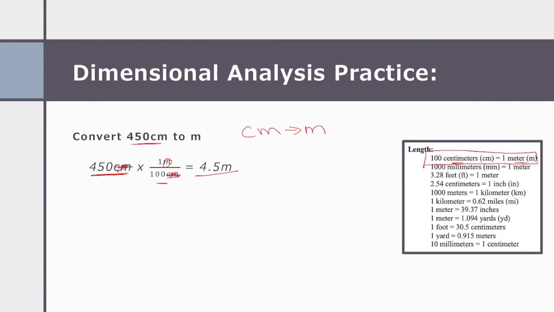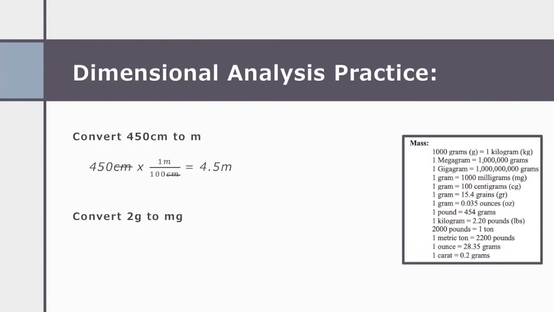All right, go ahead and pause the video again and give the second one a shot. All right, so now we're converting 2 grams to milligrams. Let's see if we have a conversion over here.